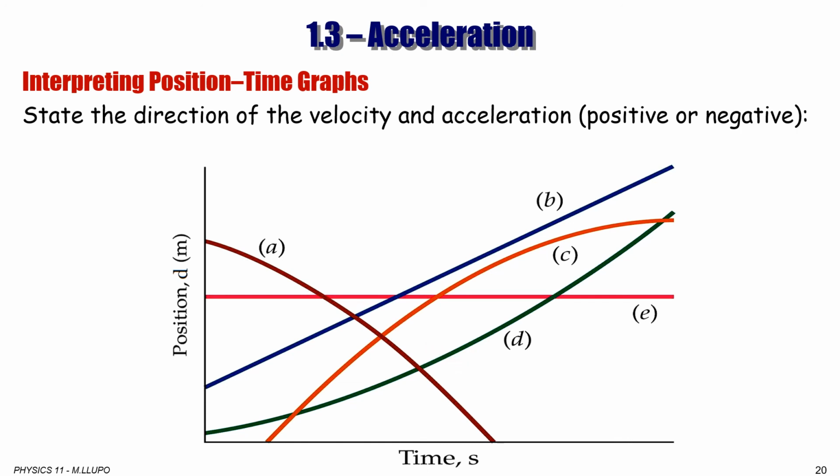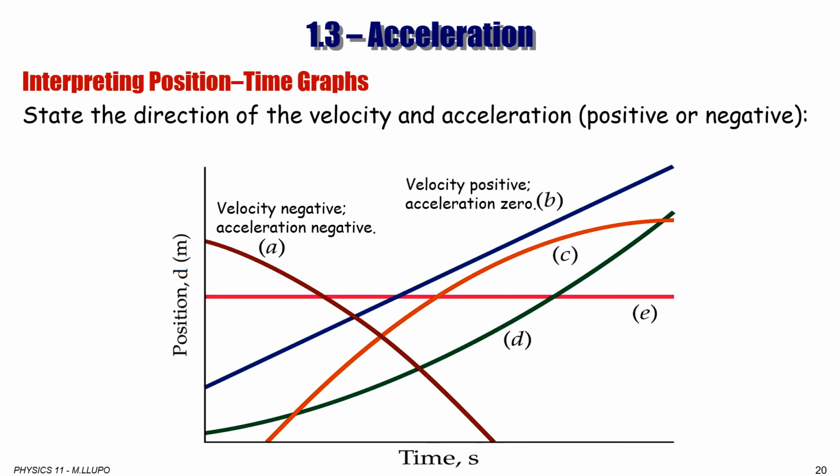However, the slope becomes steeper as we go in time, so that means the velocity becomes bigger. Since the velocity is negative and becomes bigger, acceleration has to be in the same direction. So acceleration has to be negative as well.